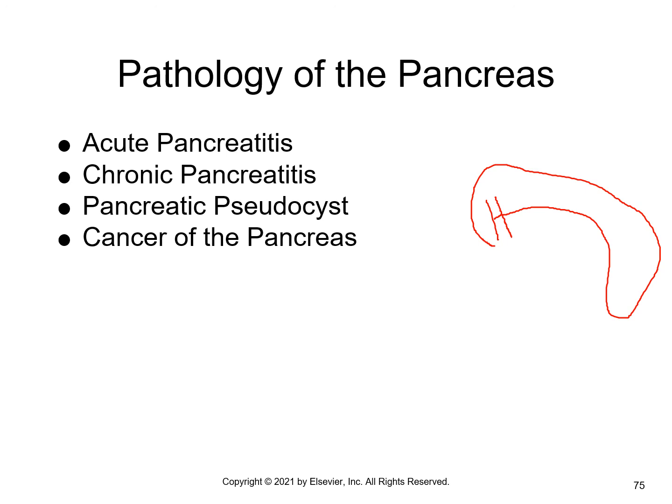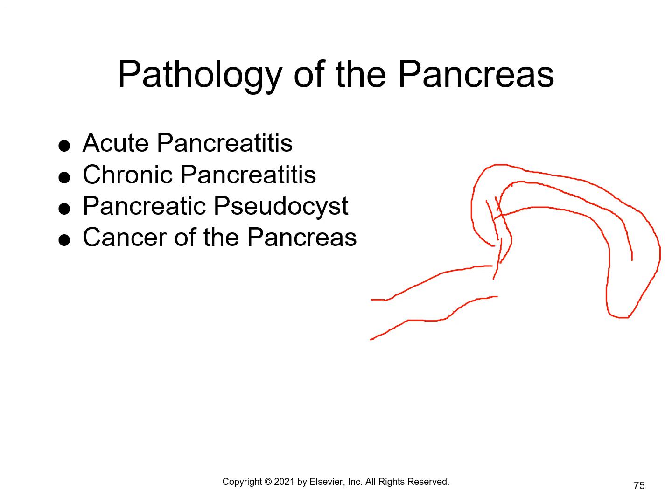Its exocrine component creates digestive enzymes, which get dumped into this duct that runs down the pancreas. It's called either the duct of Wirsung or the pancreatic duct, and that duct joins up with the common bile duct and adds those digestive enzymes into the bile duct where they can be delivered into the small intestine at the duodenum.